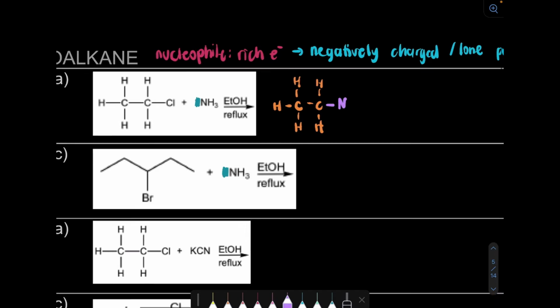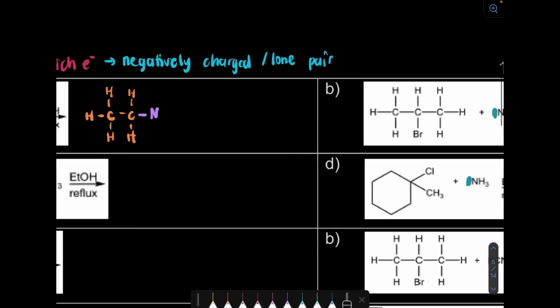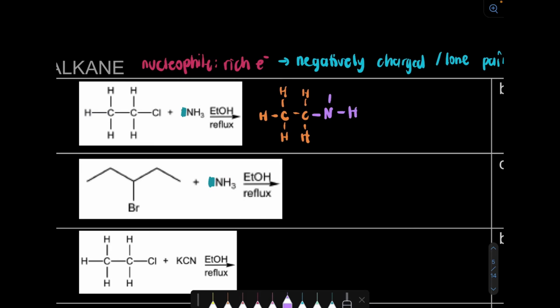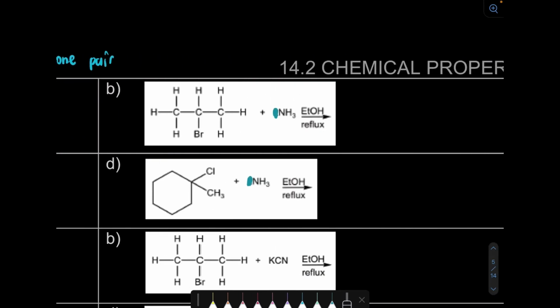It's up to you whether you want to do it the expanded way or the condensed way. So this is the expanded one, and this is our amine. Question B is the same. The Br will be substituted with NH2.